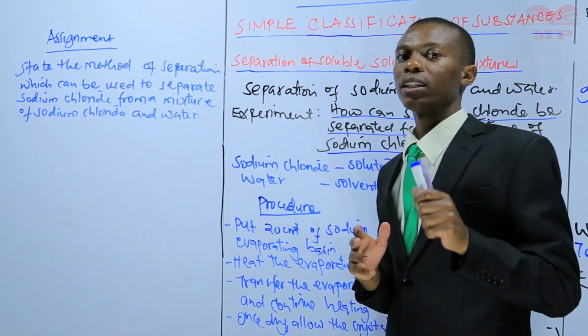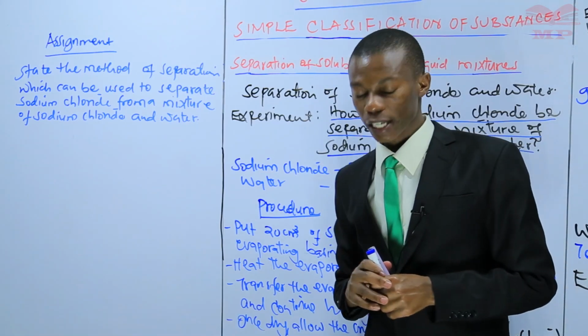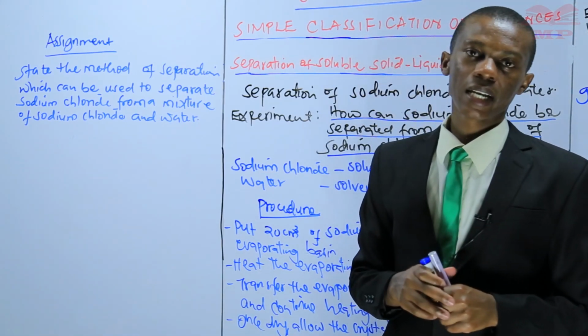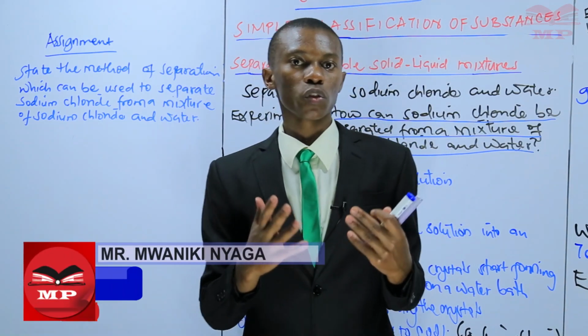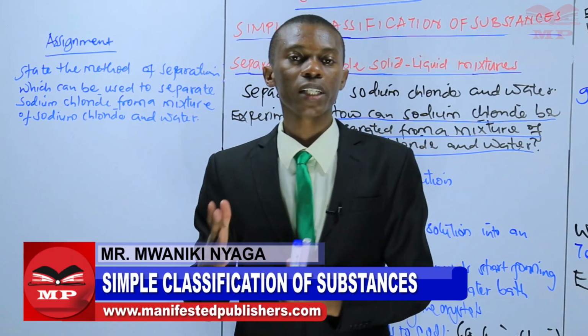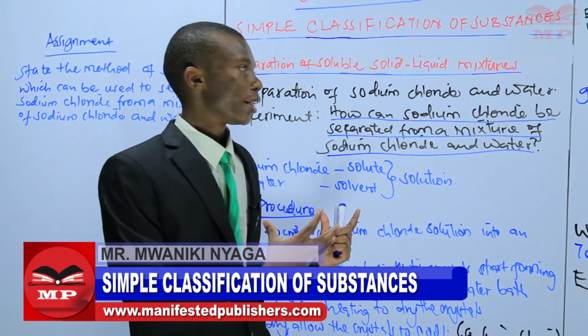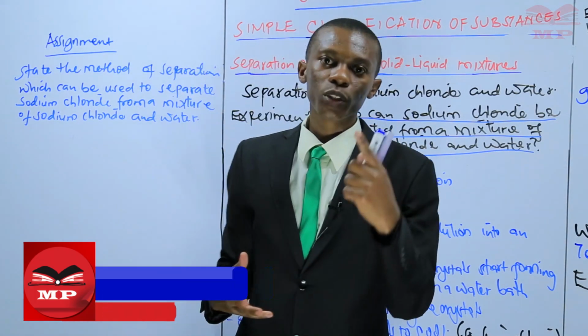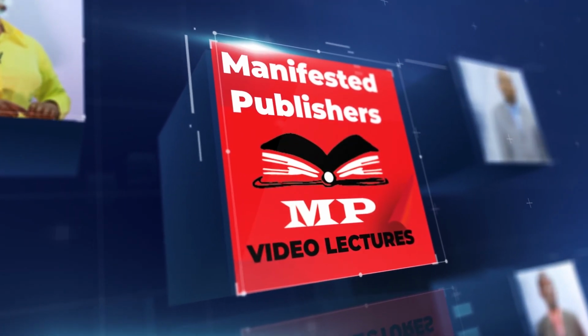Ensure that you've done that before we meet in the next lesson. In the next lesson, we'll be discussing still the separation of a soluble solid-liquid mixture, but another mixture, not sodium chloride and water. Meet you in the next lesson.